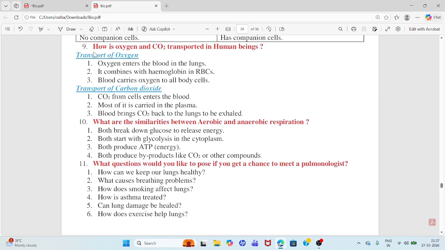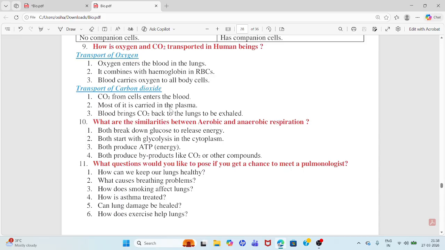Now, ninth question. How are oxygen and carbon dioxide transported in human beings? Transportation of oxygen: oxygen enters the blood in the lungs. It combines with hemoglobin in RBCs. Blood carries oxygen to all body cells. Now, transport of carbon dioxide: carbon dioxide from cells enters the blood.